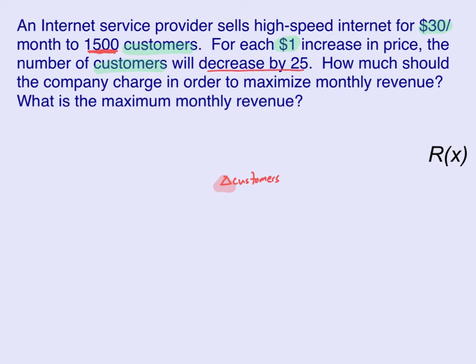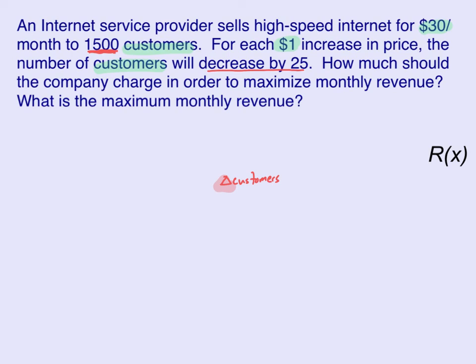So 25 customers per decrease. Okay, so that's a rate. So 25 is multiplied by the variable, and we would add on the starting value.